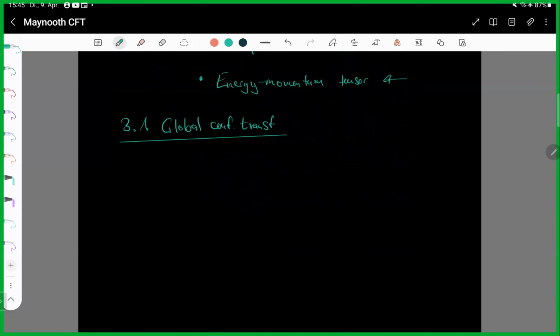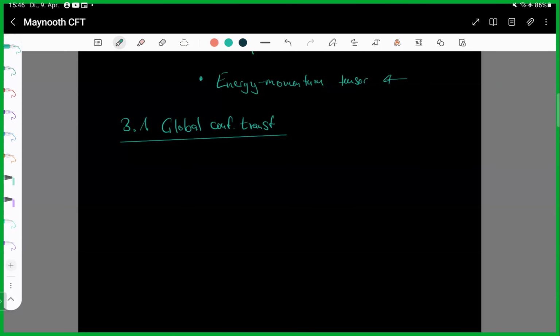All the transformations that we talked about just now, meaning translations, rotations, dilations, and the special conformal transformation, are defined basically everywhere on your manifold, and we're going to call that global. We're going to see in a moment that this distinction makes sense, by comparing with the section that comes after this. So for now, don't worry too much about the epithet global.